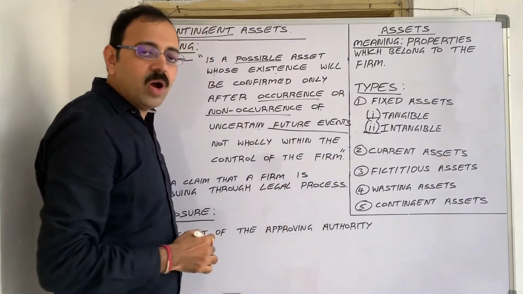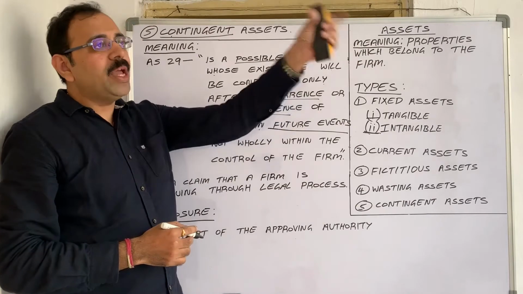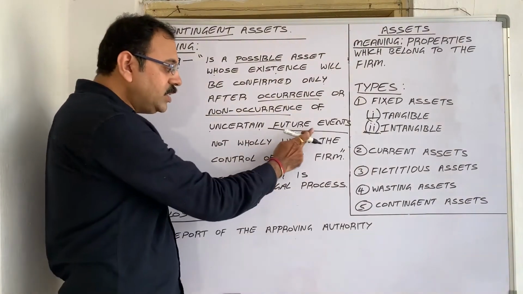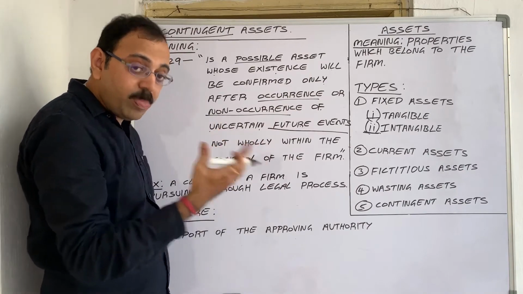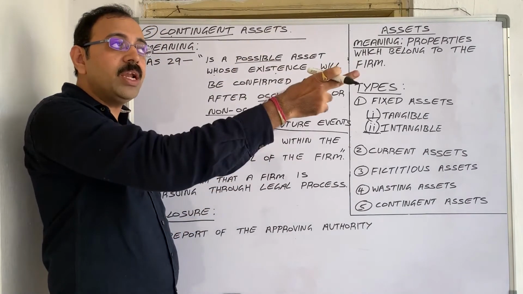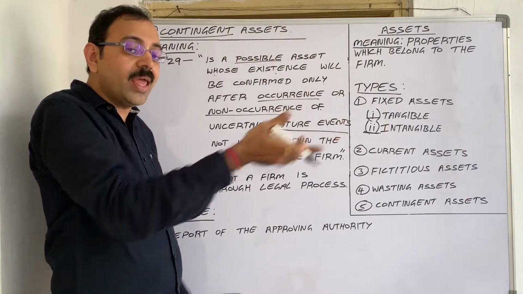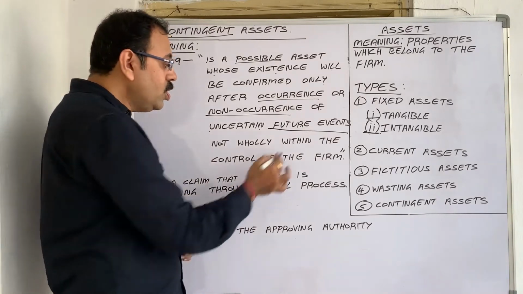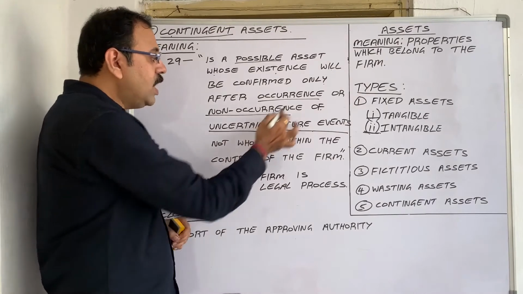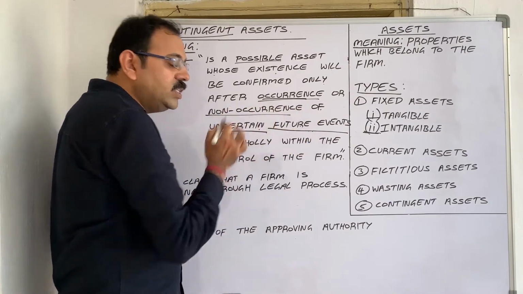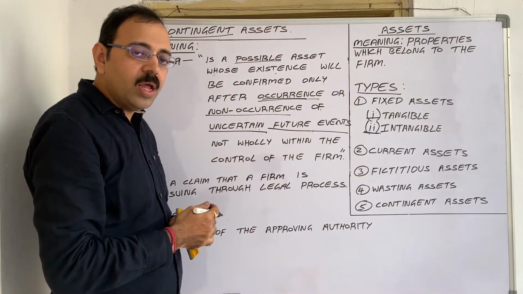The future event is what? The judgment given by the court. That judgment is uncertain. Today I cannot predict whether that judgment comes in favor of me or not.